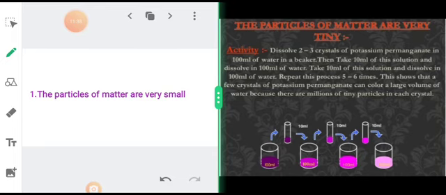Even after repeated dilutions, you will find that the strong odor of the antiseptic liquid can still be sensed. So this means that this property is true for any form of matter. Any form of matter is made up of very, very small particles, microscopic size particles.